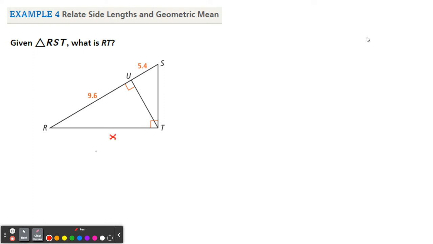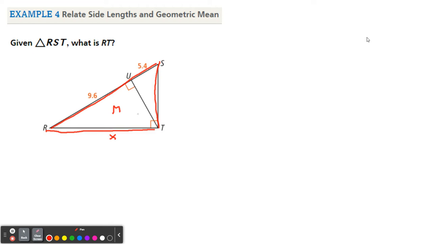Because we're not using UT, we're not going to use the two smaller triangles. We're going to use the medium triangle and also the big triangle. The reason is because RT is a shared side between the medium triangle and the big triangle. So understand that idea.